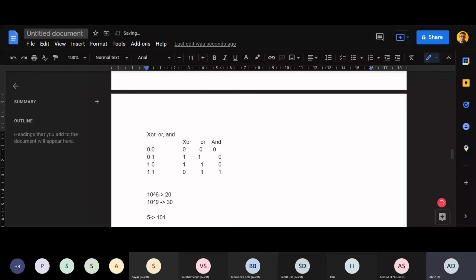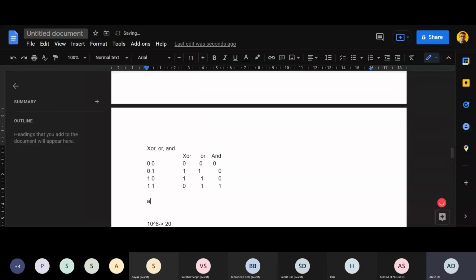There is another property. I don't remember exactly. A plus B is A or B plus A and B. This is another property you can use.